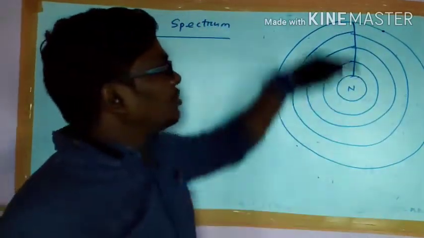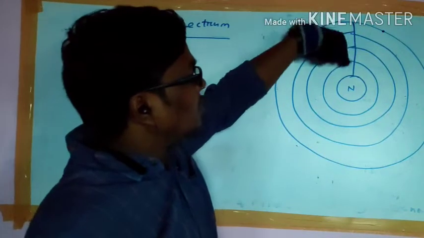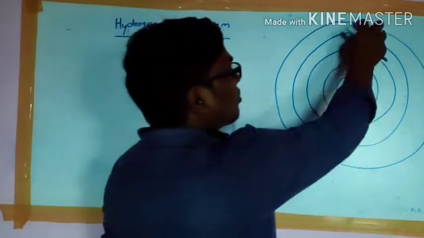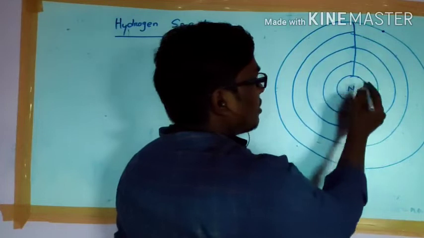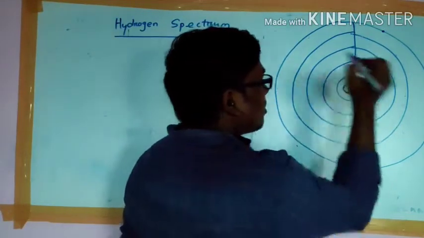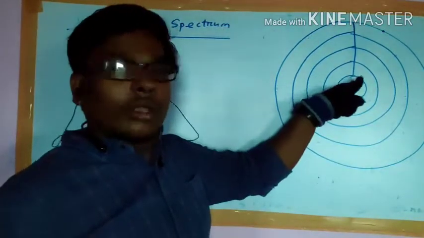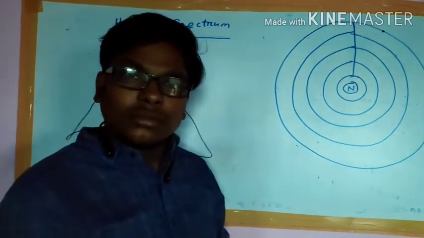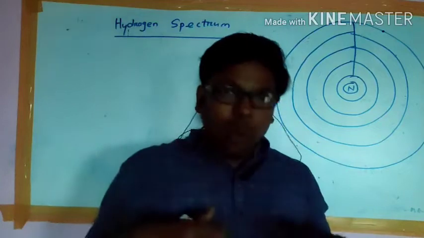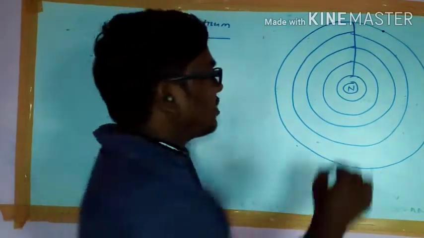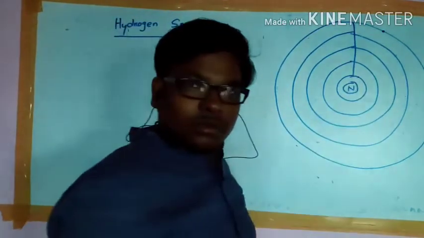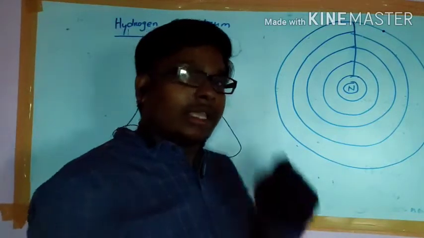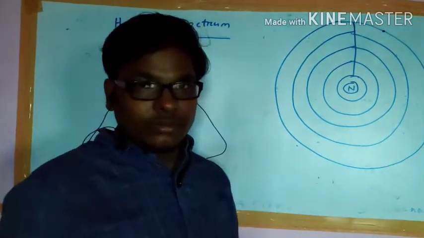Suppose an electron is jumping from orbit number 4 to orbit number 1, or from 5 to orbit number 1. This is a spectral line. Now I am fixing my orbit number 1 as my ground state orbit.